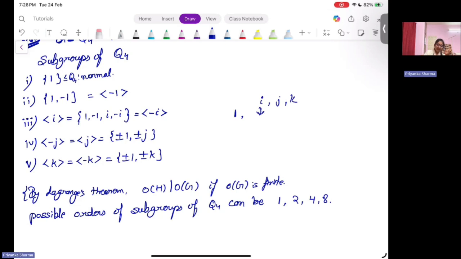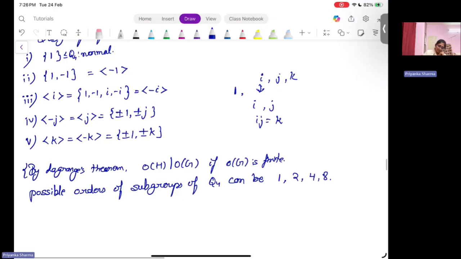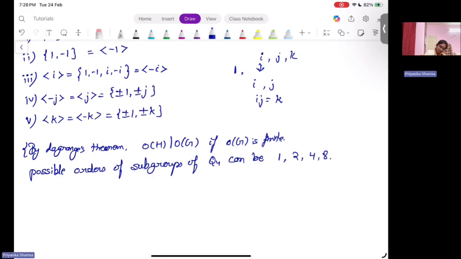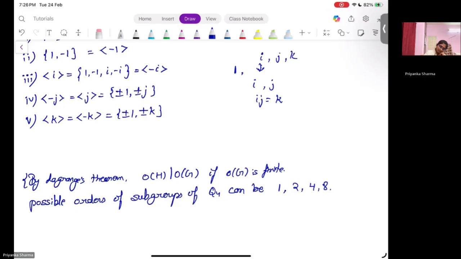So if we include I, this will generate this. And whenever we try to include I and J, note that their multiplication will give us K. So the last possibility can be Q4 itself, which includes all the elements.